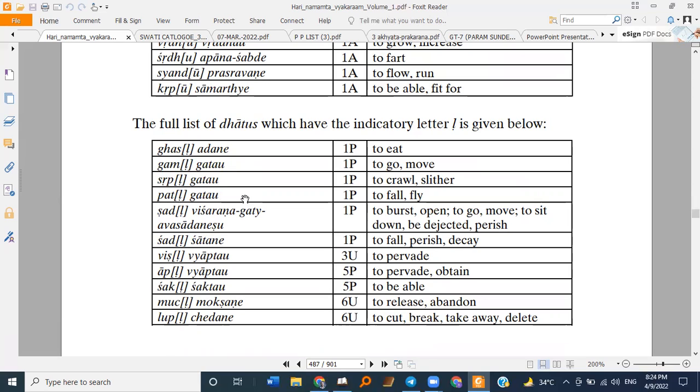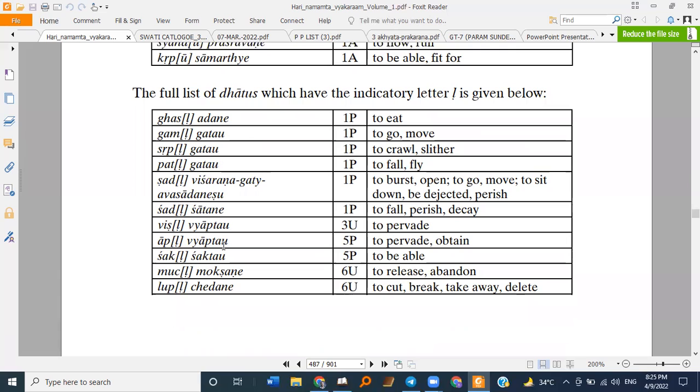Patri gatau, to fall, patana, ityadi. Shadri visharana gatya sadhaneshu. So yes, avasad, ityadi. Shadri vishatane. Vishnu vyaptau. So the word Vishnu, the Lord's name, also comes from this. So Vishnu means all pervading.